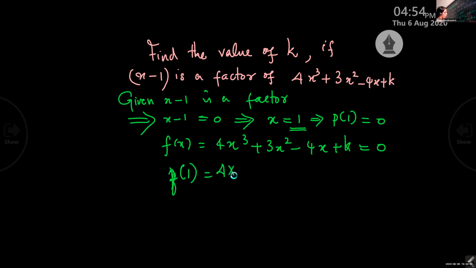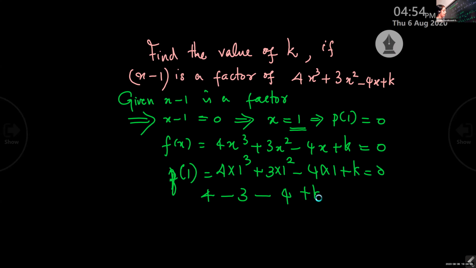4 into 1 cube plus 3 into 1 square minus 4 into 1 plus k equal to 0. 4 minus 3 minus 4 plus k equal to 0. 4 and 4 will get cancelled, and negative 3 plus negative 3 or positive 3? Positive 3.